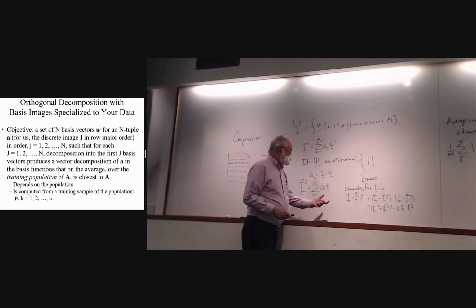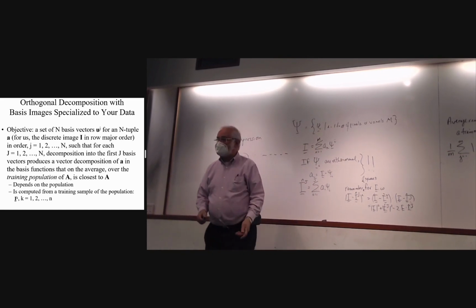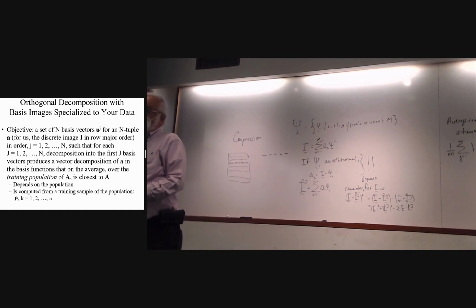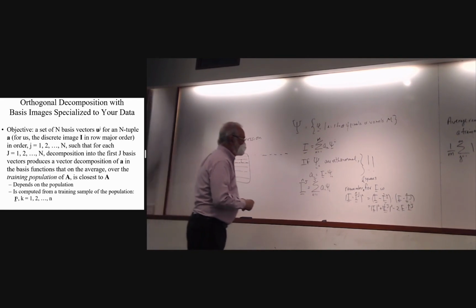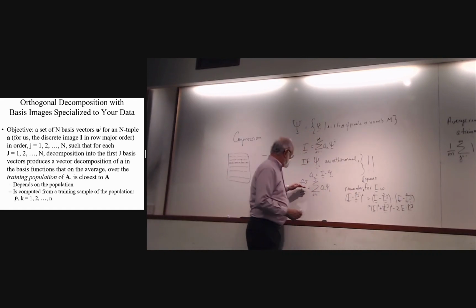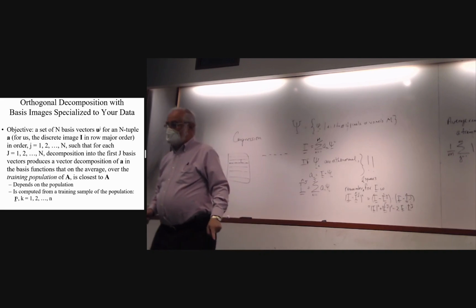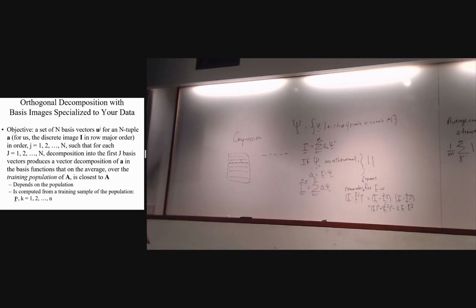And then we're interested in how much error. This is not going to be perfect because these a_i's beyond there weren't actually 0. We're interested in how much error we're making in using only capital J rather than all capital M of these.